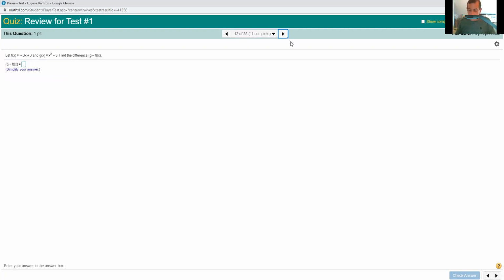All right, so I'm going to write this one. This is g minus f. So let me get my g. G of x is x squared minus 3. F of x is negative 3x plus 3. We're finding g minus f of x.